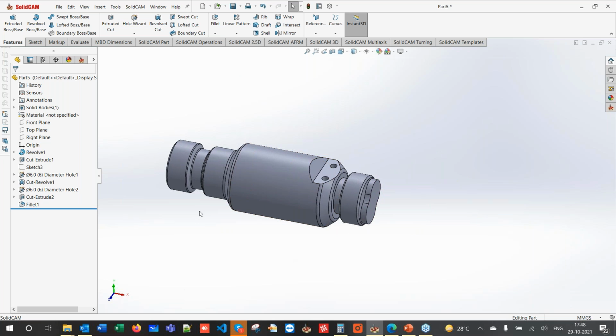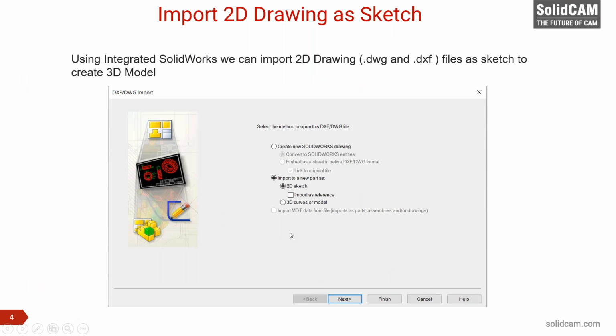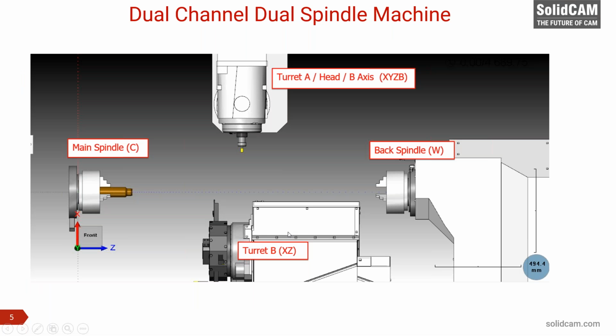Now we'll create a CAM project. So let me open this presentation. Now, before we create a CAM project, I would like to discuss the machine that we are going to use for this project. This machine has a dual spindle, and it has two turrets.